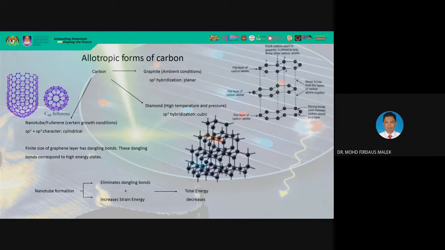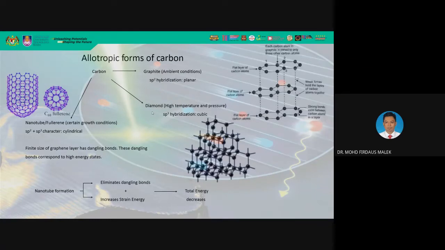Each carbon atom in graphite is joined to only 3 other carbon atoms. There are weak forces between the layers of atoms. So this is the form of graphite.